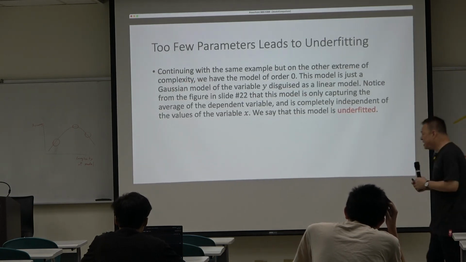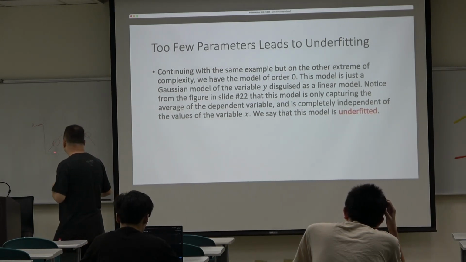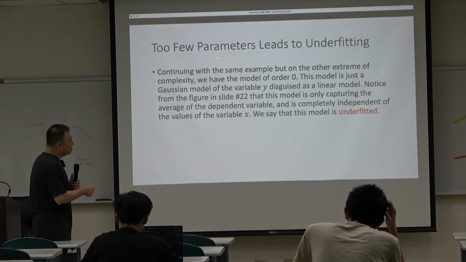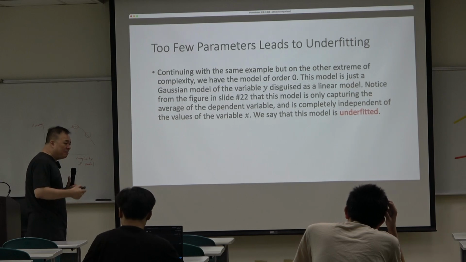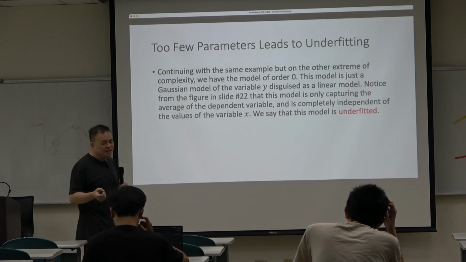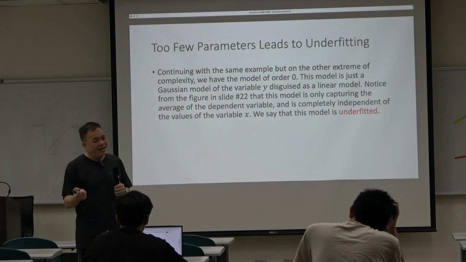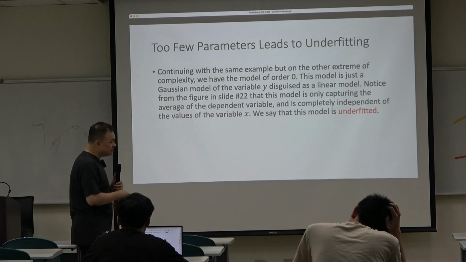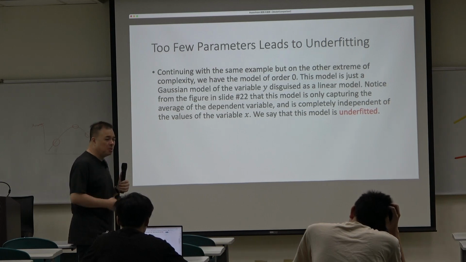But on the other hand, remember this part. If the parameters in your model are too few, the model may not be complex enough to capture the signal. If that happens, we call that your model is underfitting. That's the opposite of overfitting.